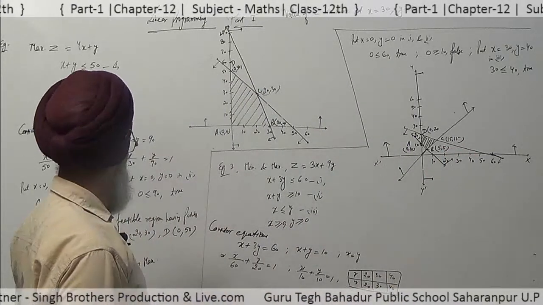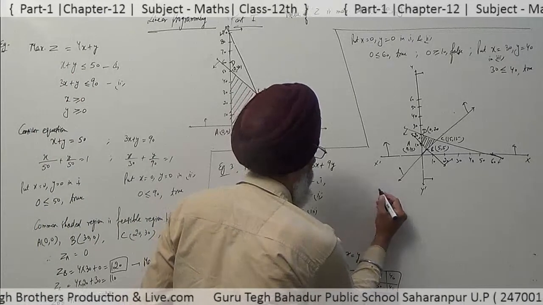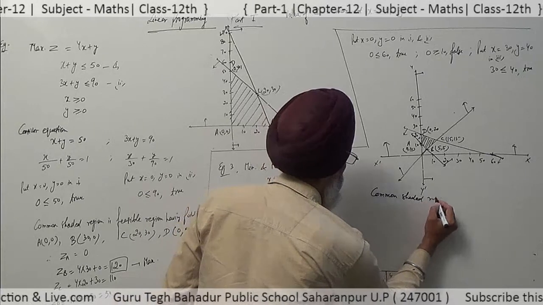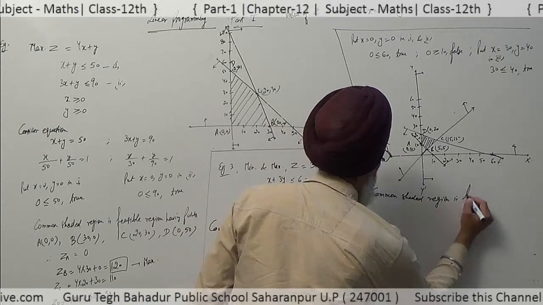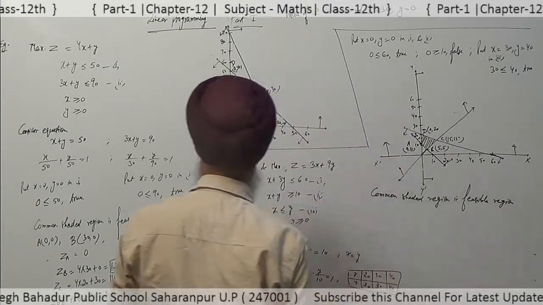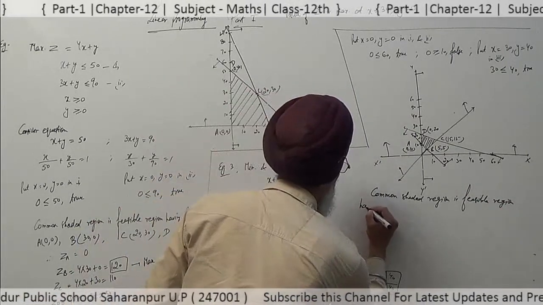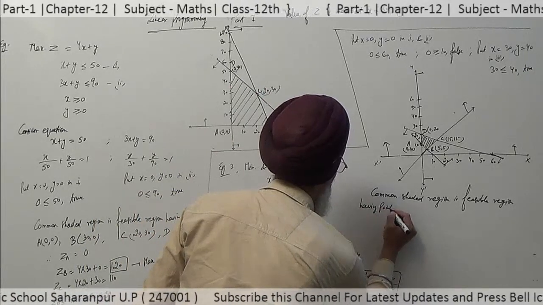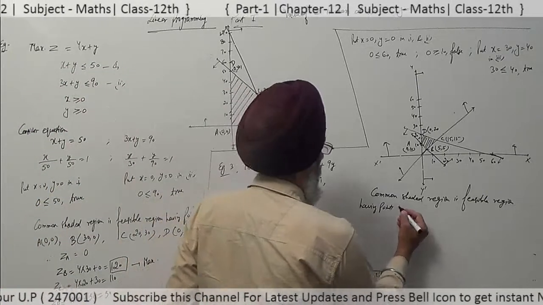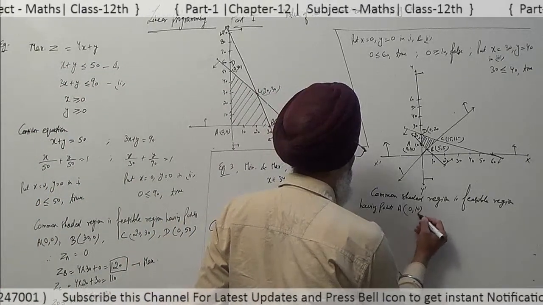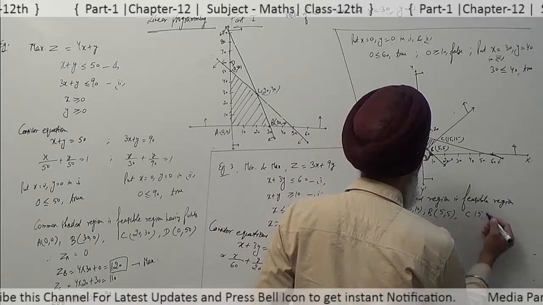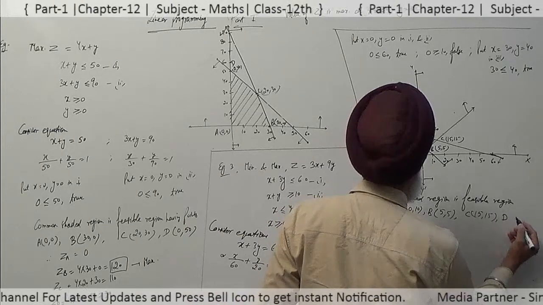So, the common shaded region is the feasible region, having vertices A with 0, 10, B with 5, 5, C with 15, 15 and D with 0, 20.